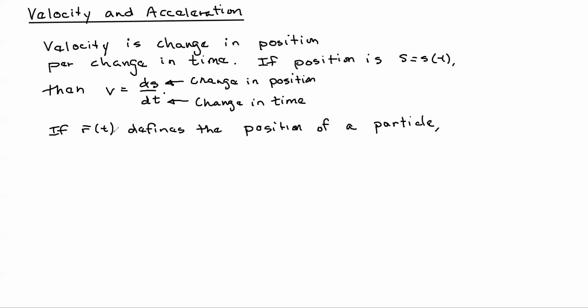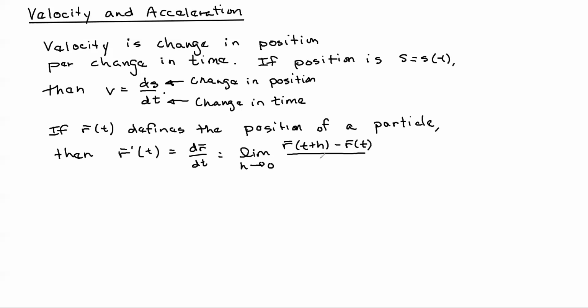If r of t defines the position of a particle, then r prime of t, which would equal dr dt, right? These are just different formats representing the derivative, would equal the limit as h goes to 0 of r of t plus h minus r of t over h.